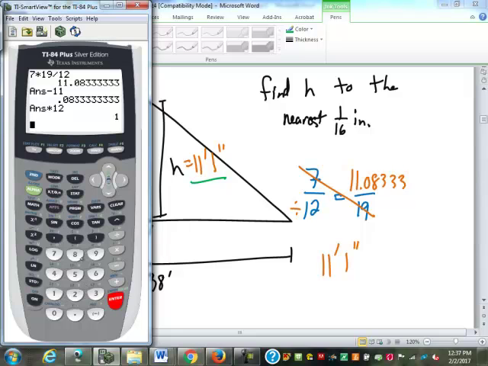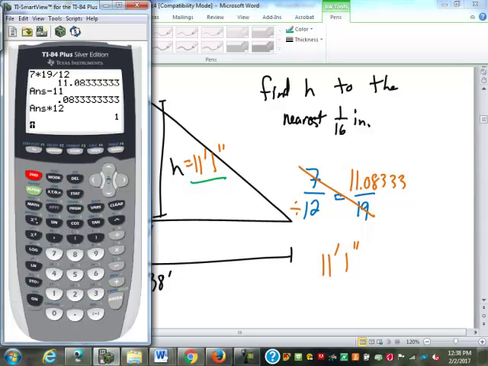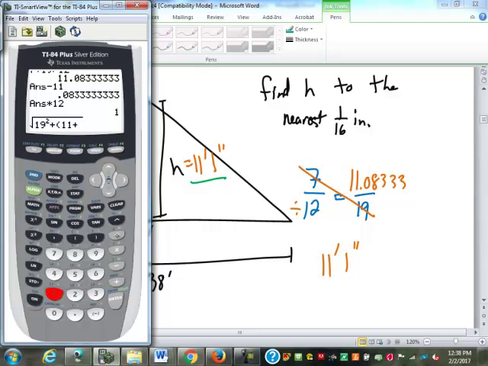Well, a couple things I can do. First of all, this is going to be a squared plus b squared equals c squared, right? Review from last semester. So here's what I'm going to do. I'm going to do second square root, 19 squared, that part's easy, plus, how do I do the 11 foot 1 inch? I do 11 plus 1/12.